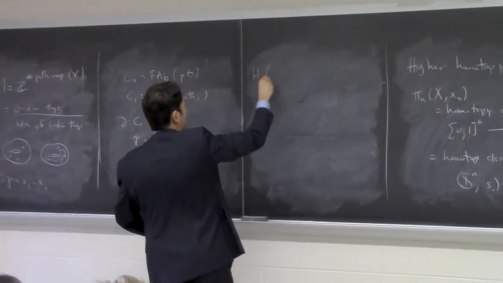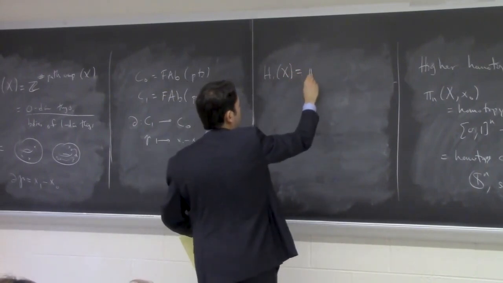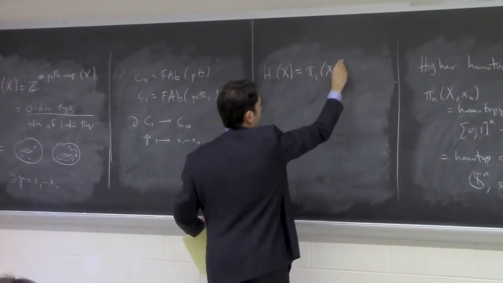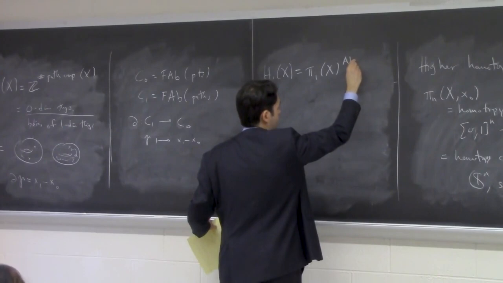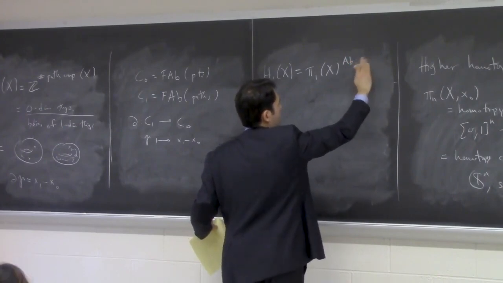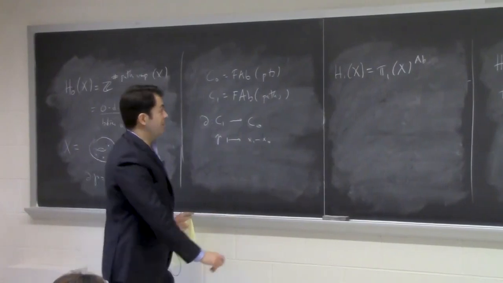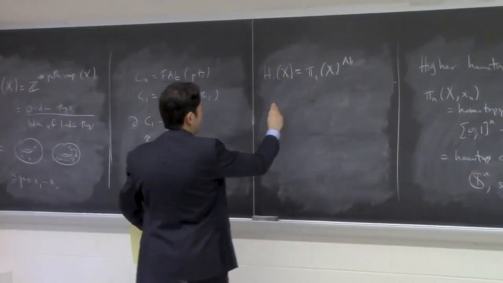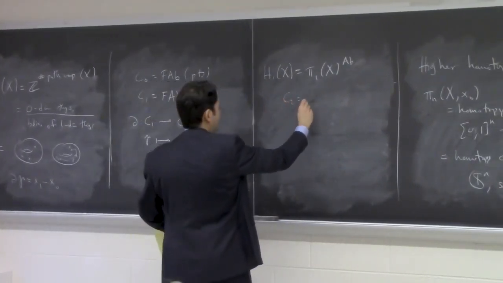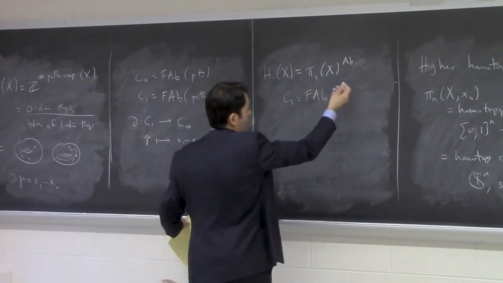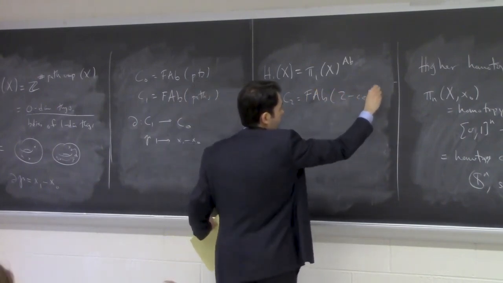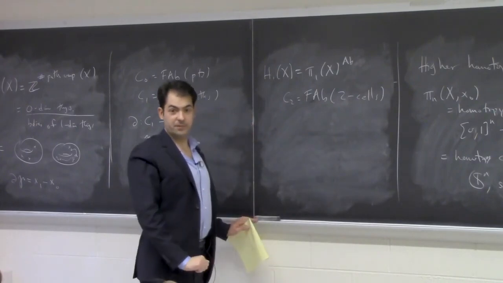Okay, well, what's H1? H1 is going to be just pi1 of X abelianized. Well, I'll just leave it easy. All right. So C2 would be like the free abelian group on, let's say 2-cells if we're in a cellular complex.